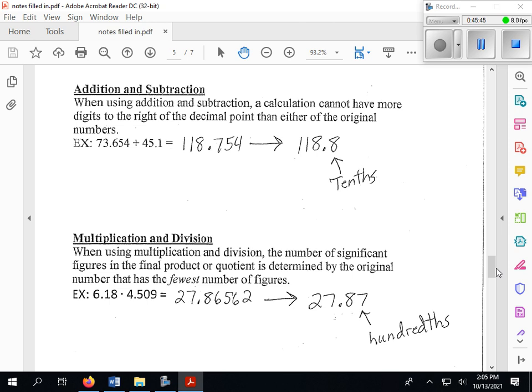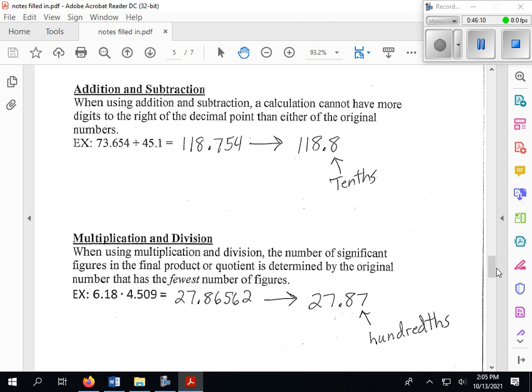I don't agree with that, but let's read it again. When multiplying and dividing, the final product or quotient is determined by the original number that has the fewest. What was the fewest? 3, right? So when we round this off, I rounded it off to the hundredths, 27.86.